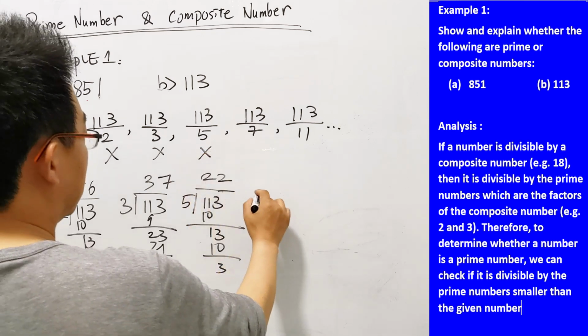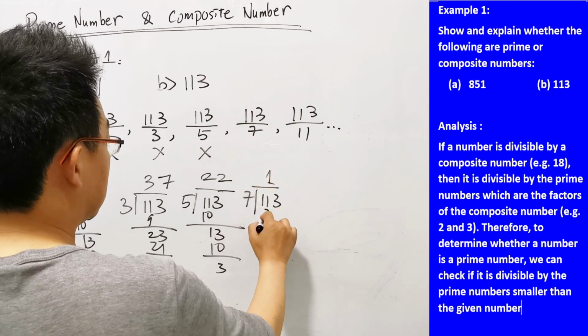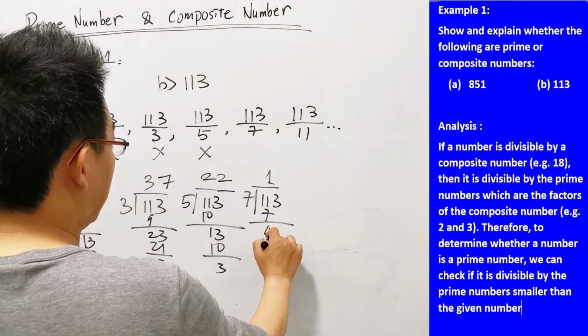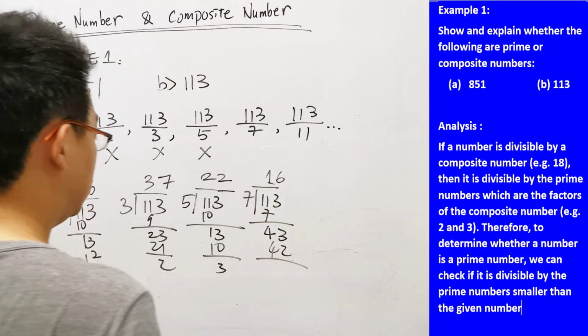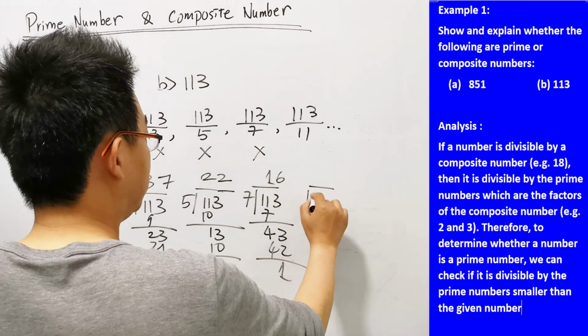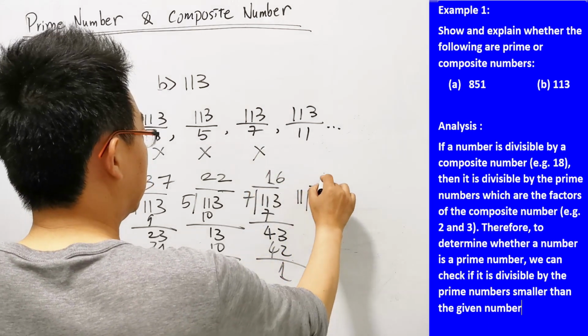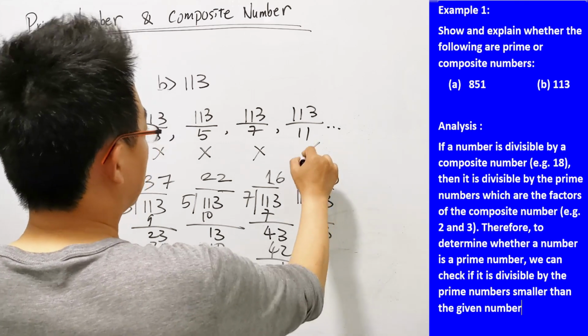So this one cannot. How about this one? 113 divided by 7. 1, 7. You got 4, right? 3, 6. We still balance 1, so cannot. How about 113 divided by 11? 1, 10. We still balance 3, so cannot.